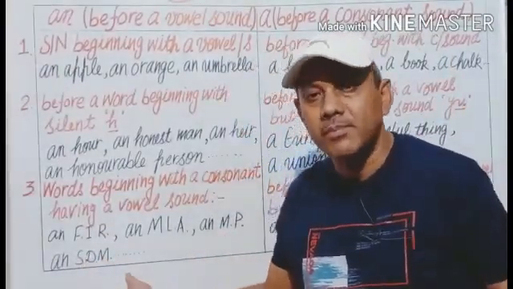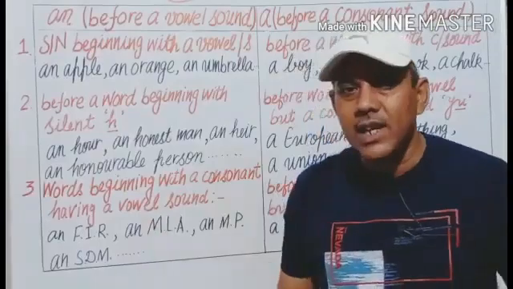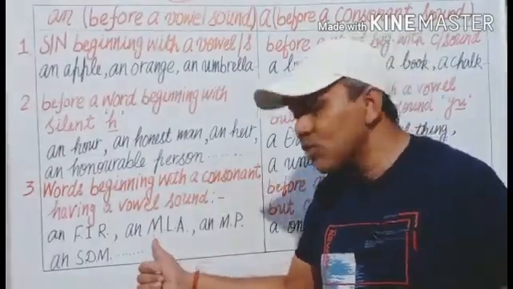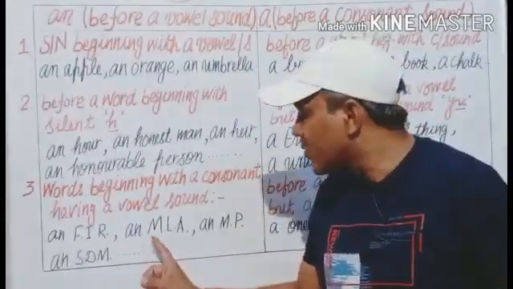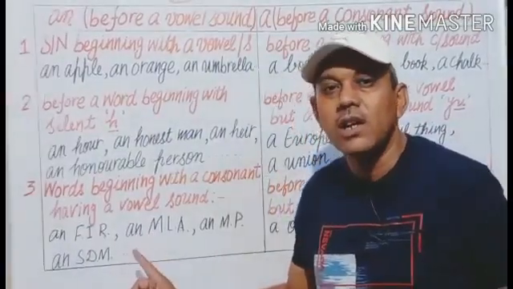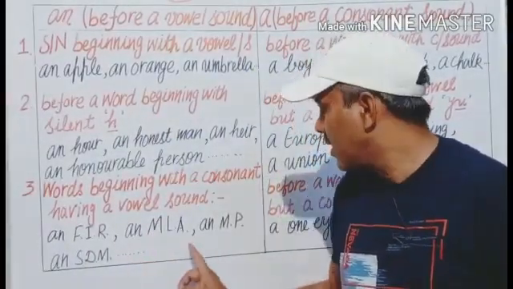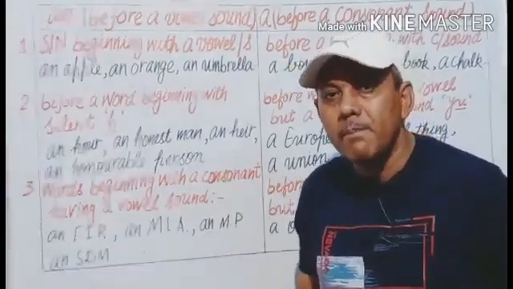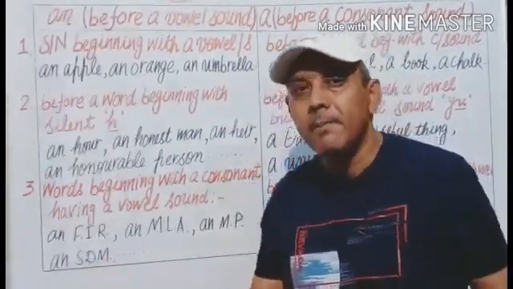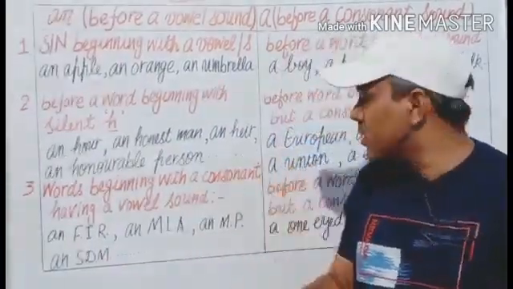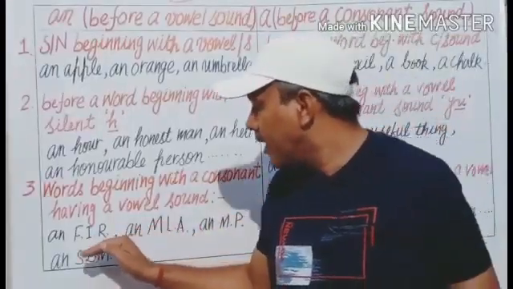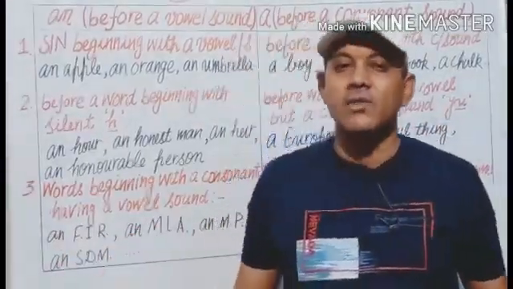SDM. In every first letter, when we pronounce this letter M, it starts with a vowel sound A, M, MP, and SDM. A sound is there at the beginning of these words.